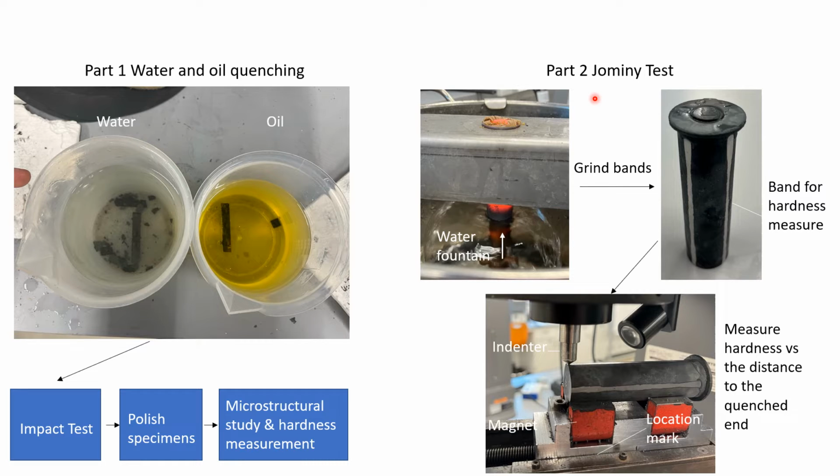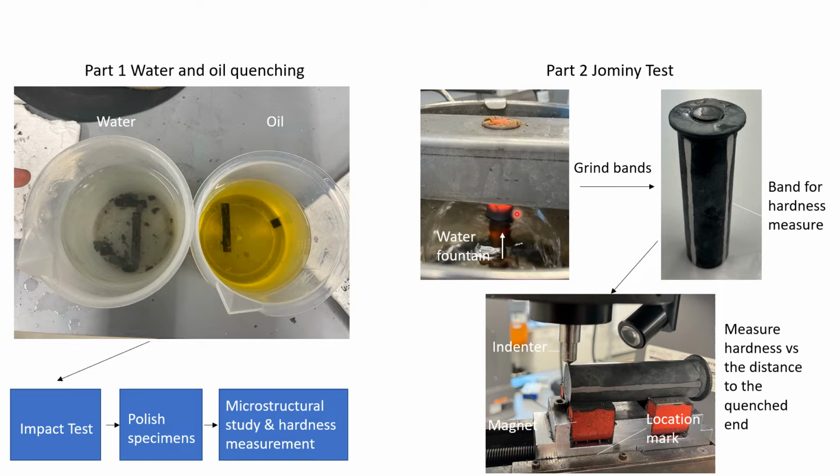Part 2, we are going to perform a standard Jominy test, and we're going to put the heated Jominy specimen into this water fountain. The water fountain has a certain flow rate that shoots the water at the bottom, and it will quench the sample at the bottom.